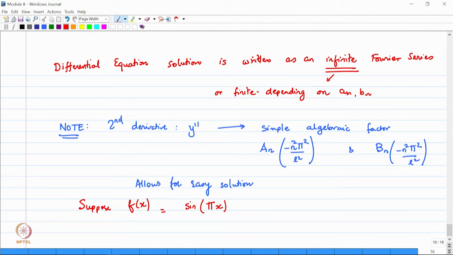So if f of x is sin pi x, then what can you say when you do a Fourier series? Then clearly this implies a_0 equal to 0, a_n equal to 0, b_n equal to 1 if n equal to 1, and b_n equal to 0 otherwise. If n is not equal to 1, it is 0.